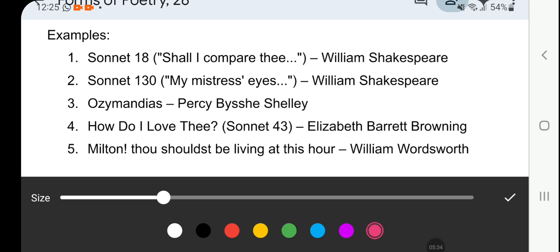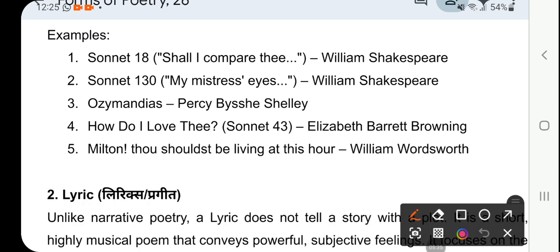So here you have to remember these two names. Then Ozymandias, written by P.B. Shelley, right? Then How Do I Love Thee? That is Sonnet 43. The number is also given, but the name is How Do I Love Thee, written by Elizabeth Barrett Browning, right?